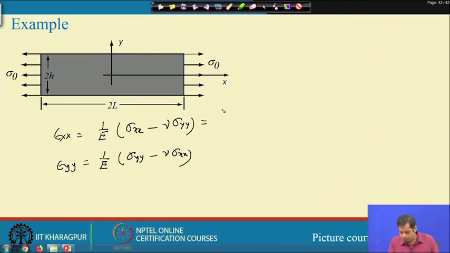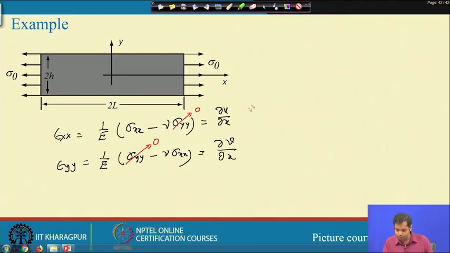Epsilon xx is equal to del u del x. This is how the strain displacement relations are defined, when u and v are the displacements in x and y direction.